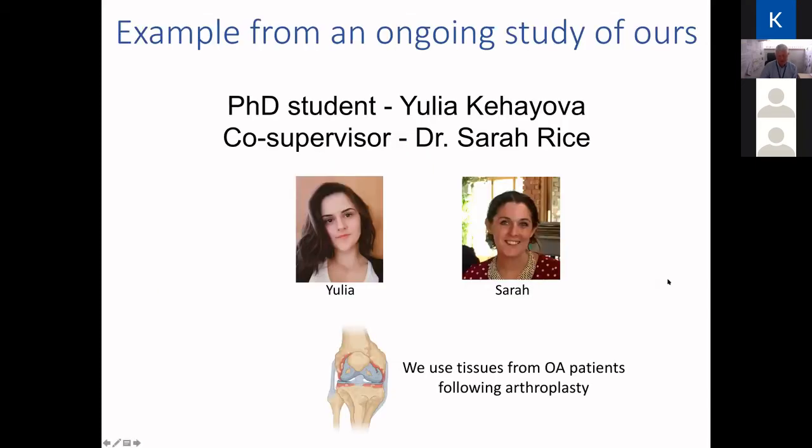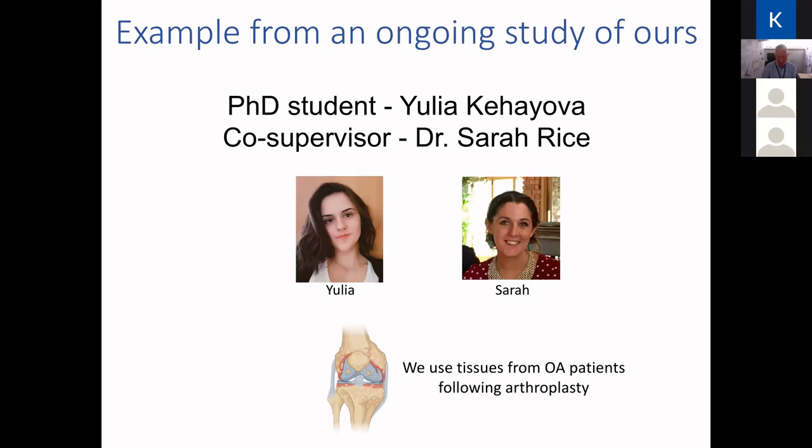So to do this, I'm going to talk to you about a study that's ongoing in our lab at the moment. And this is work that's being done by a PhD student called Julia, and she's co-supervised by Dr. Sarah Rice. And the investigations that we do when we're moving from a GWAS signal through to trying to understand the functional effects is we use tissues from OA patients following arthroplasty.